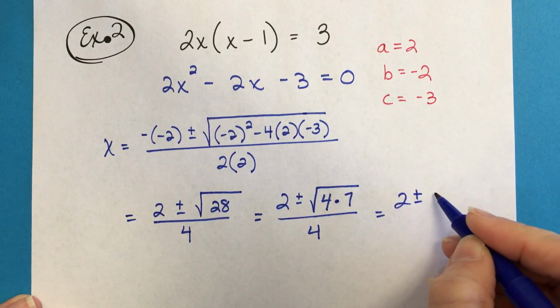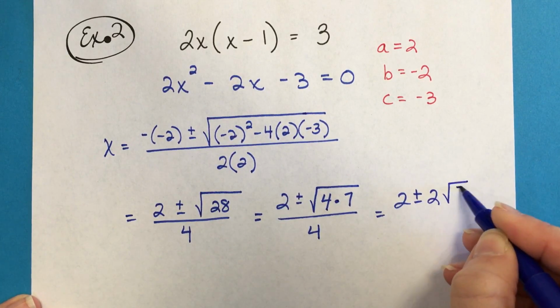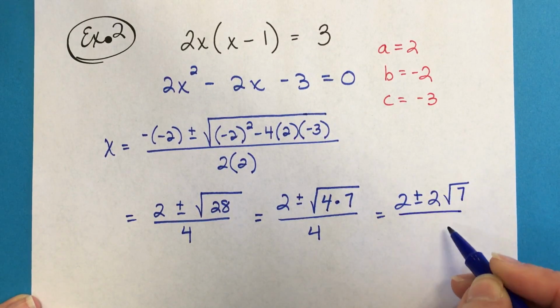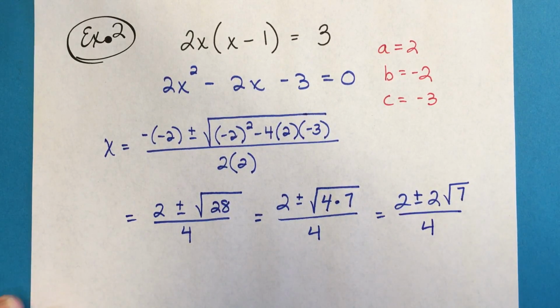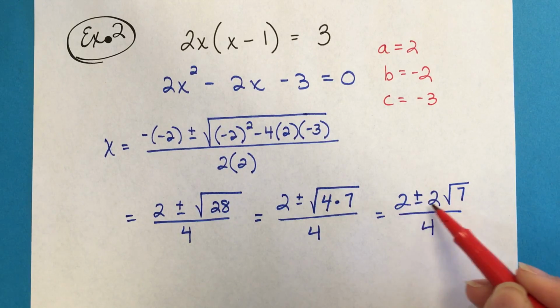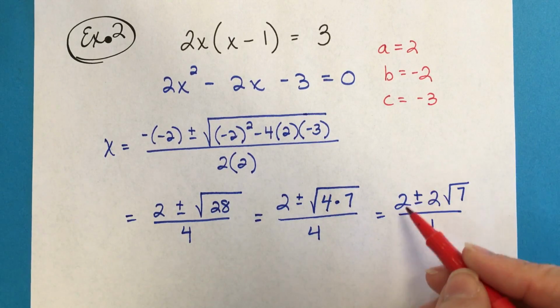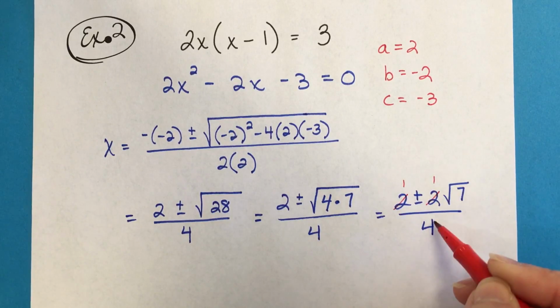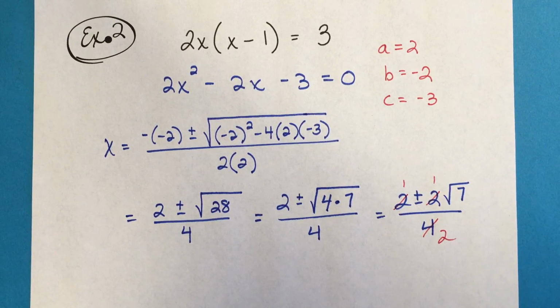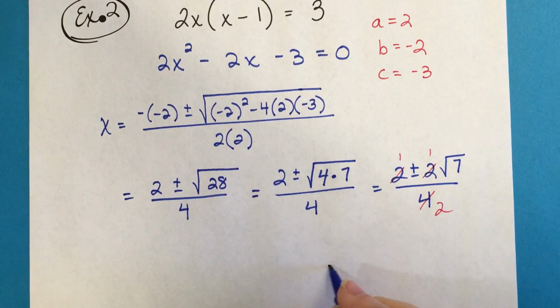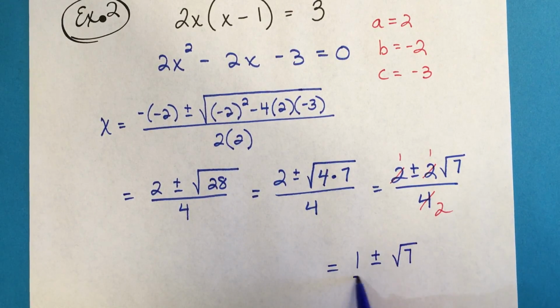So the square root of 4 is going to give me 2, and then the 7 is just left underneath your radical. Now there's one more step of simplifying that you can do on this problem. The 2, the 2, and the 4, you can reduce all of those by 2. So your final answer for this one would be 1 plus or minus the square root of 7, divided by 2.